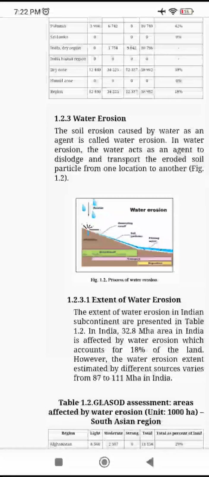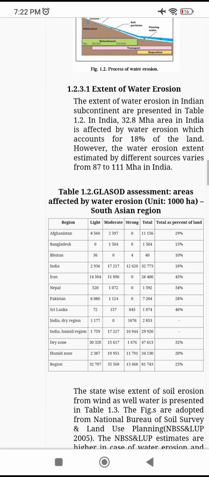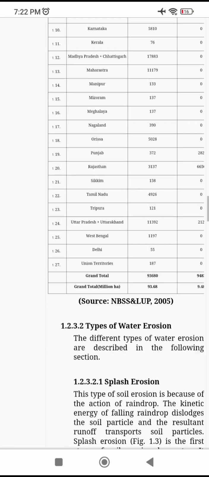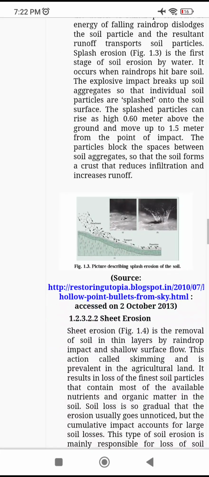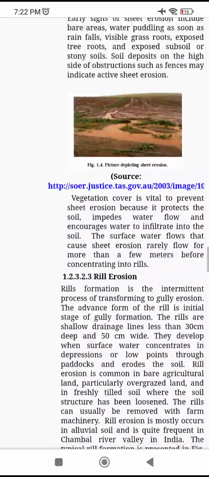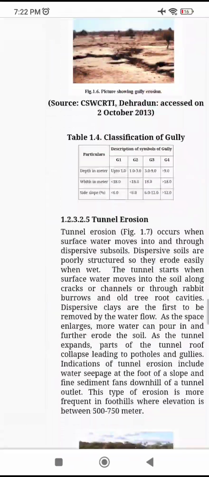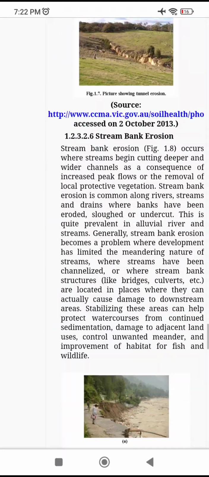Then water erosion. The different types of water erosion: splash erosion, sheet erosion, rill erosion, gully erosion, tunnel erosion, stream bank erosion.